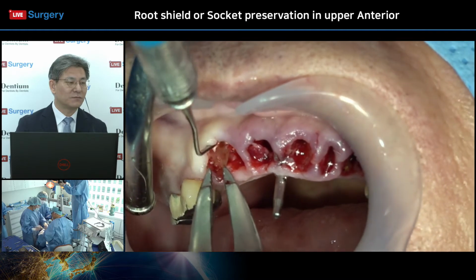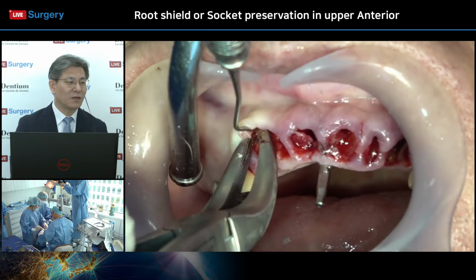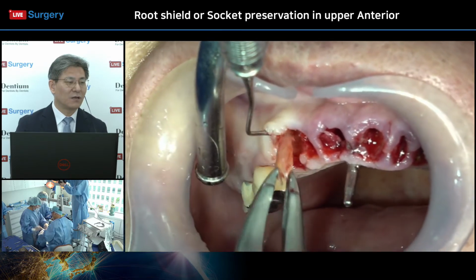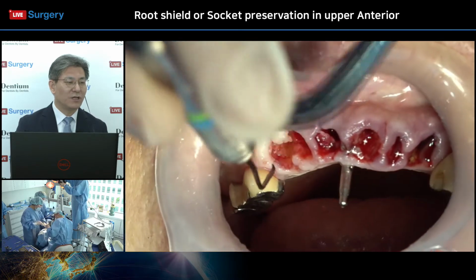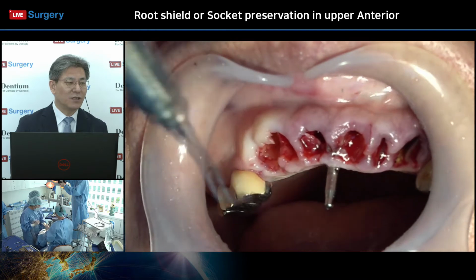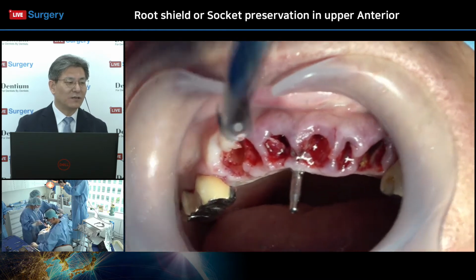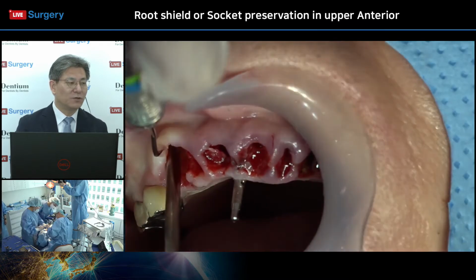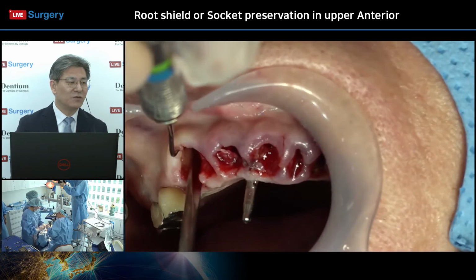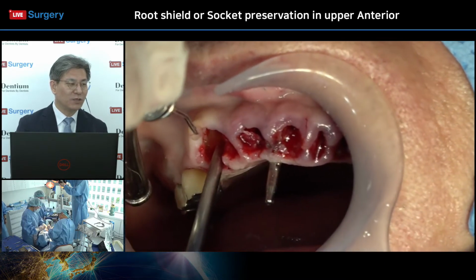Only the lateral incisor can be a root shield. Besides that, only socket preservation. I'm sorry, due to mobility of them. During the tooth separation, he can feel the mobility of the remnant of the root of the tooth. So he has decided to remove the whole portion of the root.